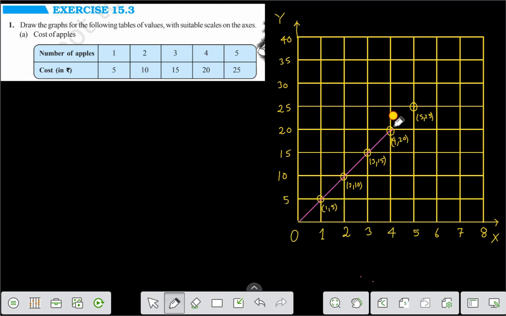From here we are getting a straight line like this, right?